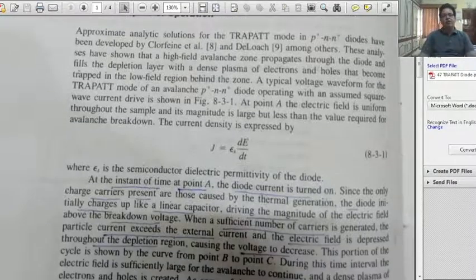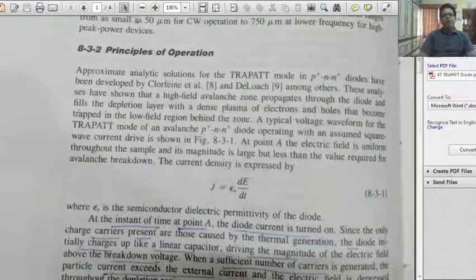Principle of operation. Approximate analytic solution for the TRAPATT mode. In p+ n n+ diodes, we are using here the structure of the TRAPATT diode. These analyses have been developed by Clorfeine et al. and DeLoach, among others.